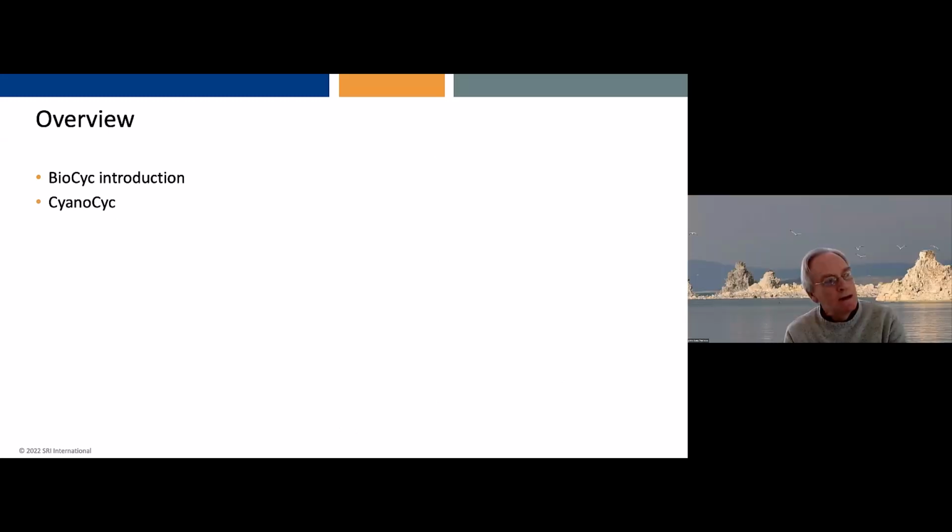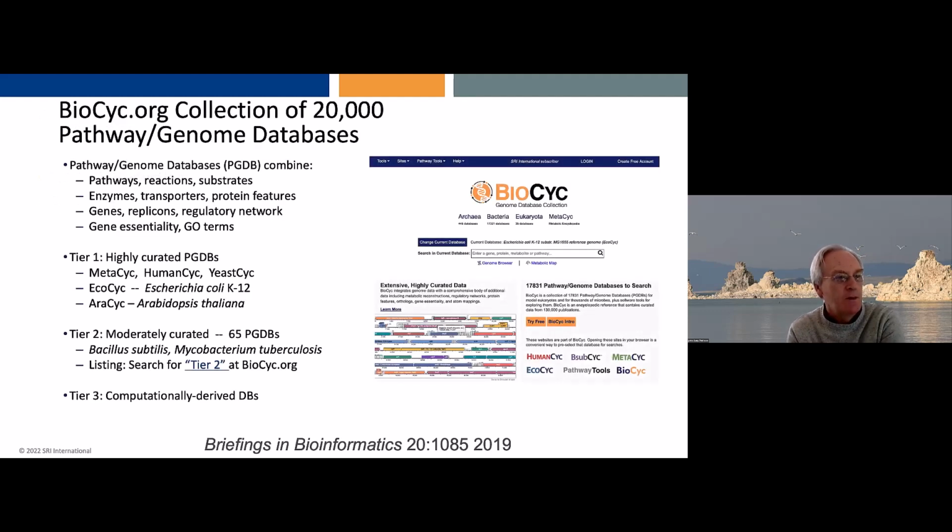So what I want to do in this presentation is to tell you in more detail what CyanoCyc is and how it relates to BioCyc. To do that, I need to introduce BioCyc as well. BioCyc, as Lisa said, is a collection of 20,000 pathway genome databases.